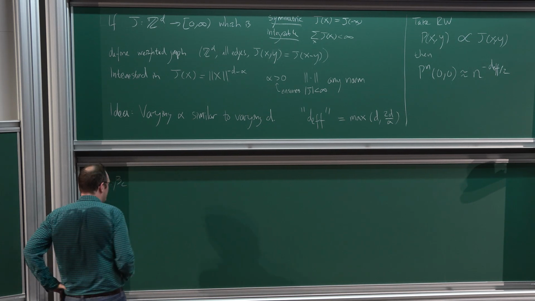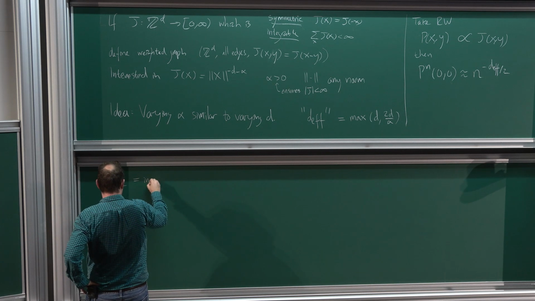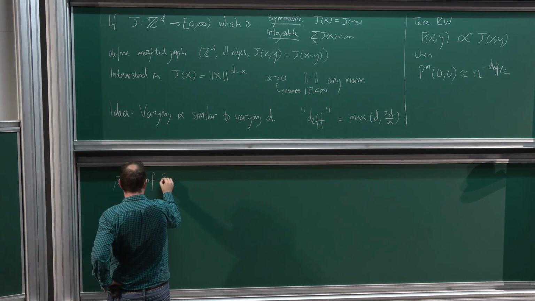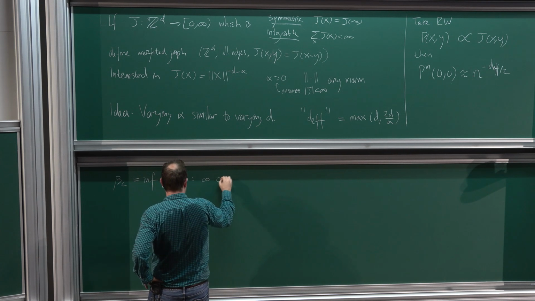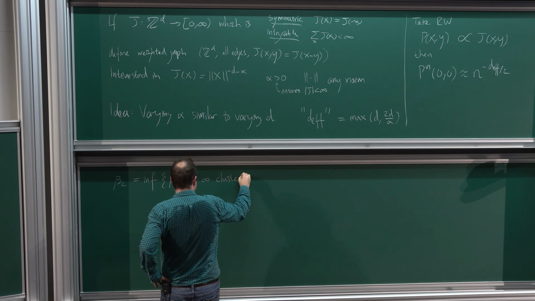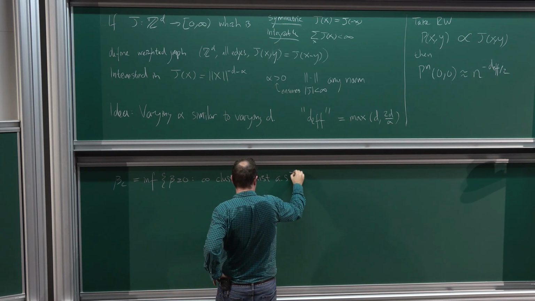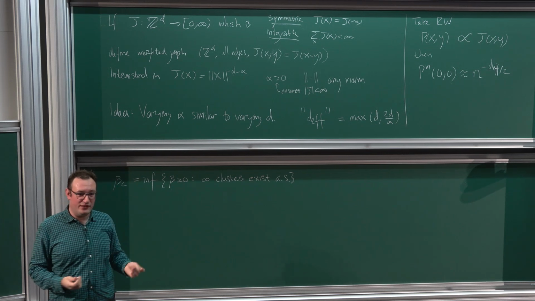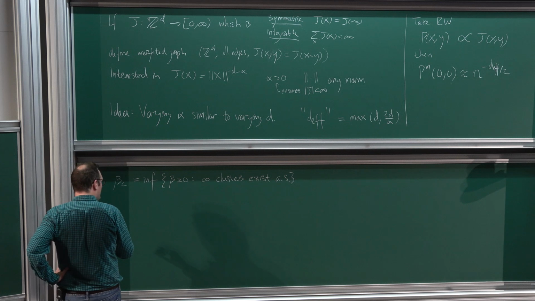Let me start by defining the critical parameter like we did before. So beta c, just exactly like we defined pc, will be the infimal value of beta such that infinite clusters exist almost surely. And again, you could say with positive probability instead of almost surely, and you get an equivalent definition.